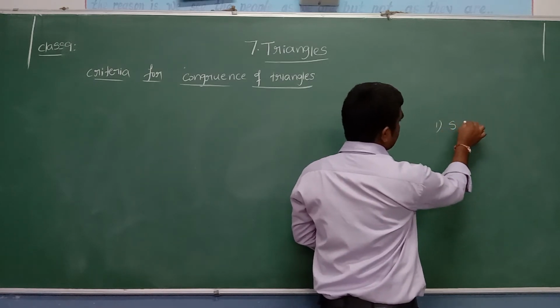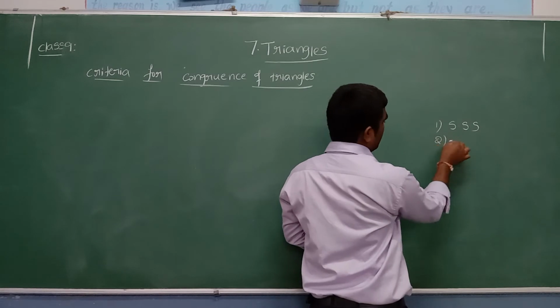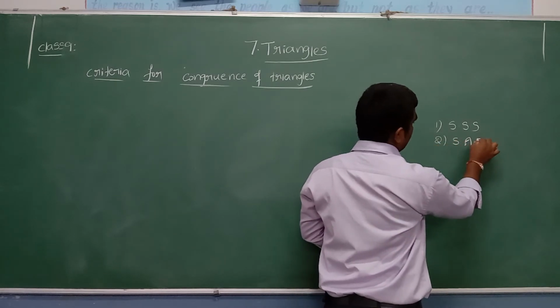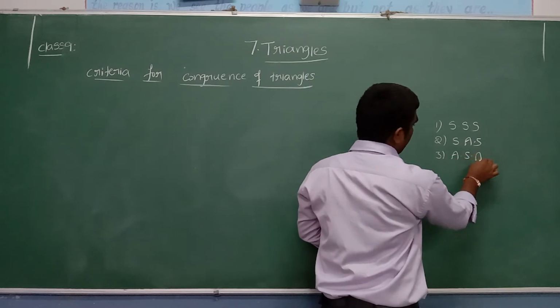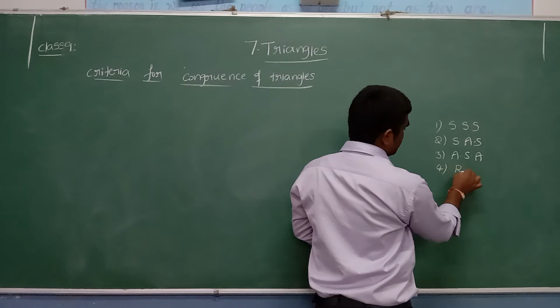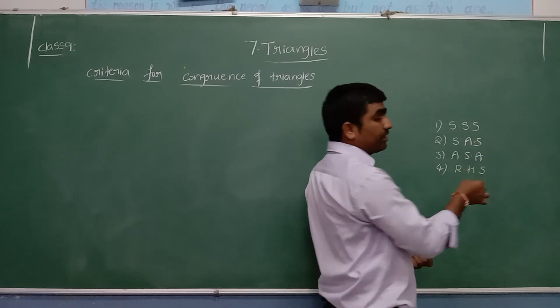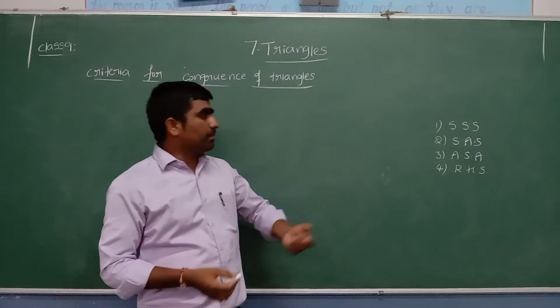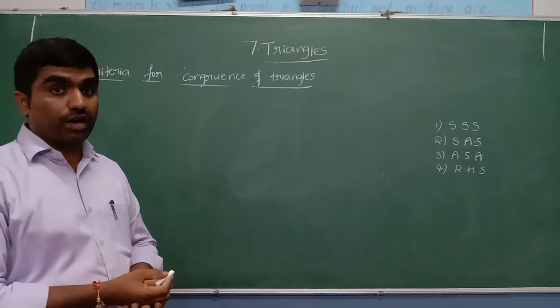We learned the SSS criteria, side side side, and also SAS, side angle side, and ASA, angle side angle, and also RHS, right angle hypotenuse side. With the help of these conditions, we can say whether triangles are congruent or not.